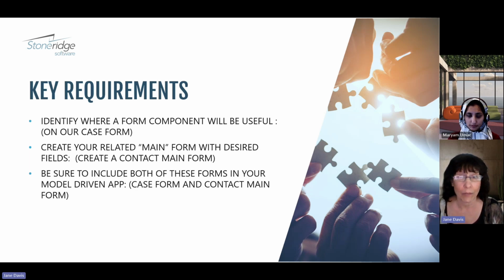You need to make sure that you create that as a main form. In this case, it's going to be a new contact main form that we're going to create. And then once we're done with the forms, we want to go into our model-driven app and make sure that both of those forms are enabled for that model-driven app, so that you will see what you're expecting when your users go to look at it.